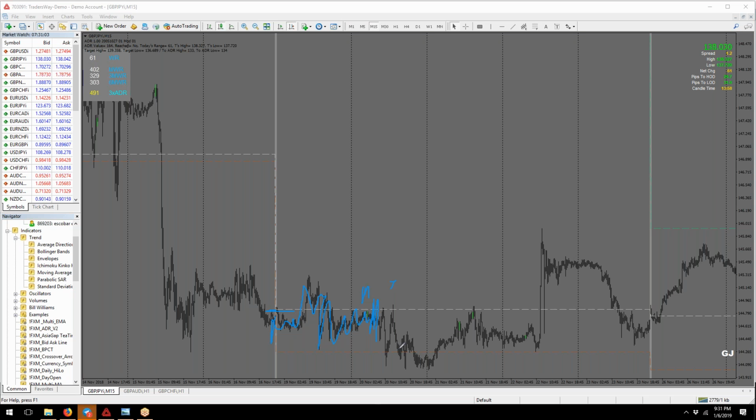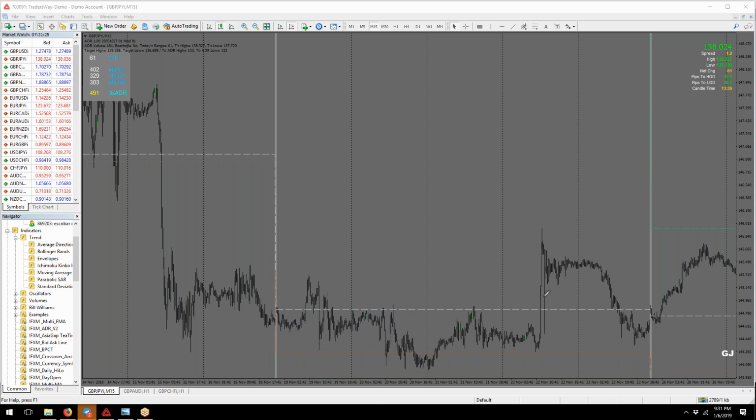Exactly. No. On this particular night, on this particular pair, no trade. So I'll probably move away from that pair.